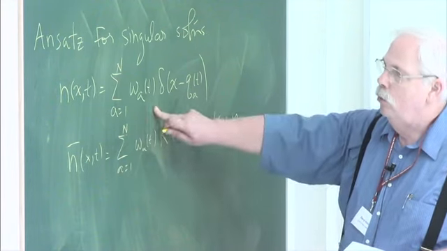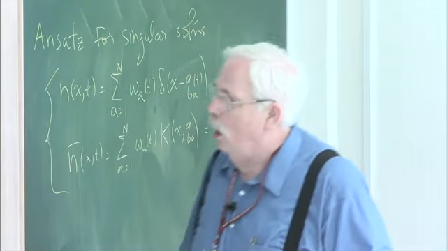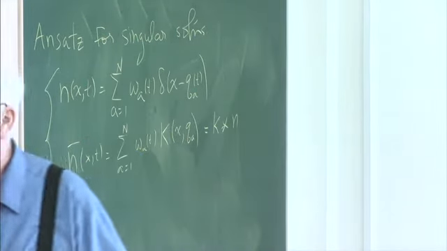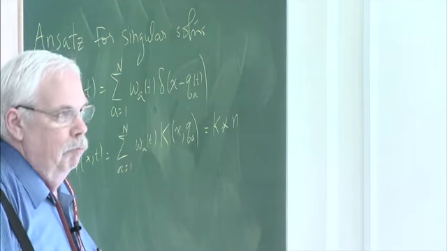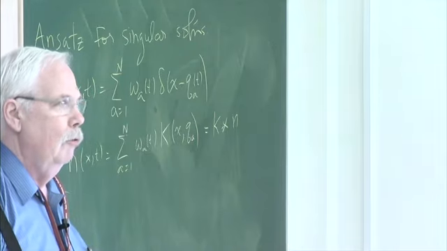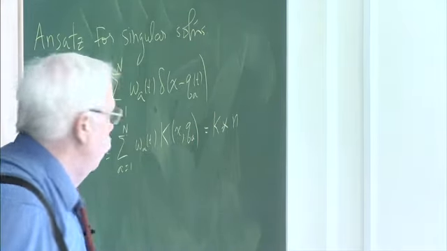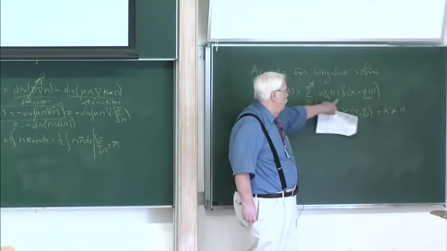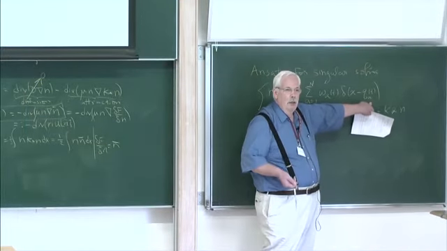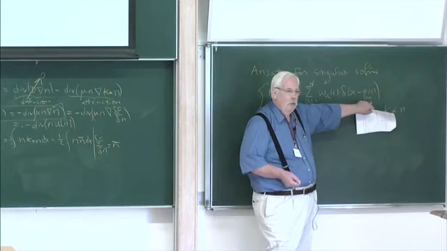Okay, so we have n and n bar. And the issue is, if we substitute these into this equation, what do we get? Nothing is consistent, it's not a solution. But if we just get dynamics for these quantities, w_a, the weight, and q_a, the position of the delta function, then this is a solution for these equations.